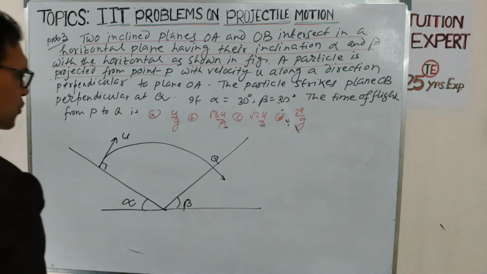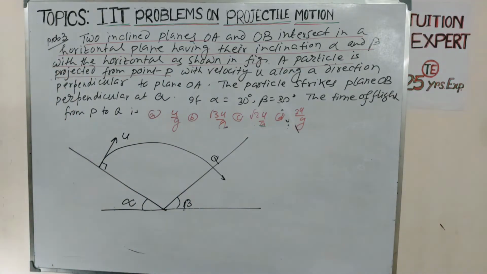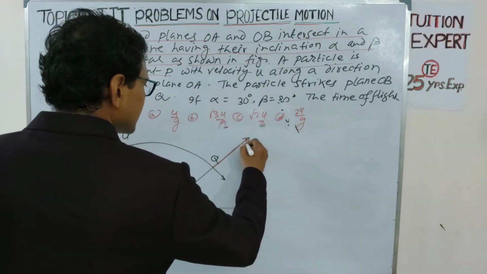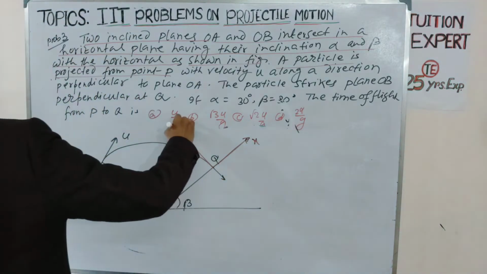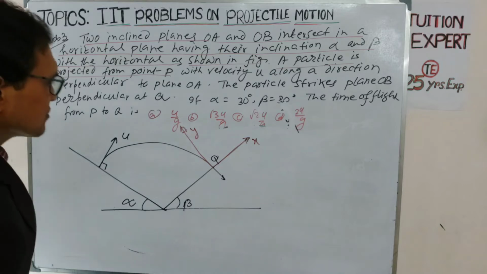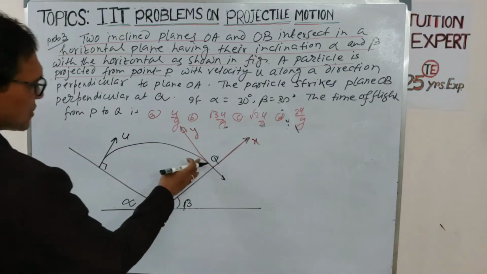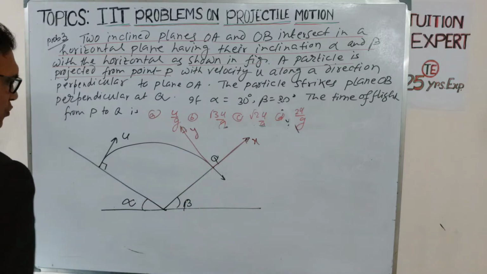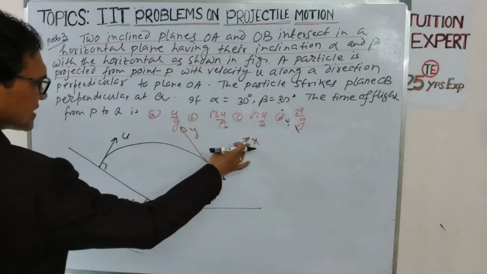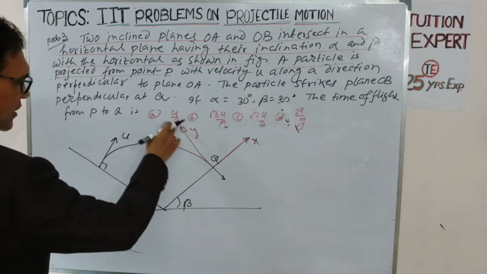So we take x and y axes as convenient. Now let this be the x axis and this the y axis, because here the vertical component will be 0. So for that we take the x axis along the plane and perpendicular to the plane is the y axis.